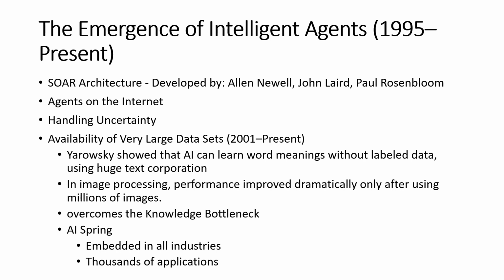Biology provides data, and these actually fuel modern AI. The large data sets and learning algorithms reduce the need for hand-coded knowledge, and this helps overcome the knowledge bottleneck. With widespread real-world application, AI entered a new spring, ending the AI winter.